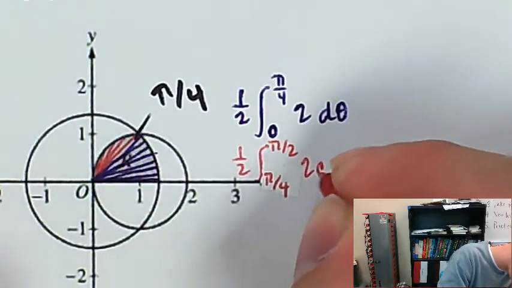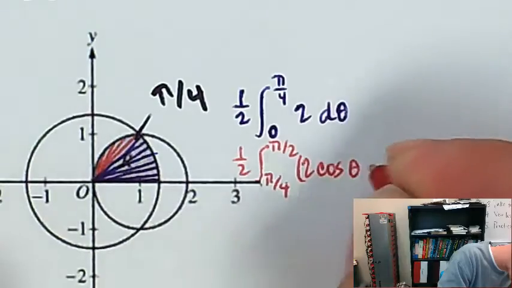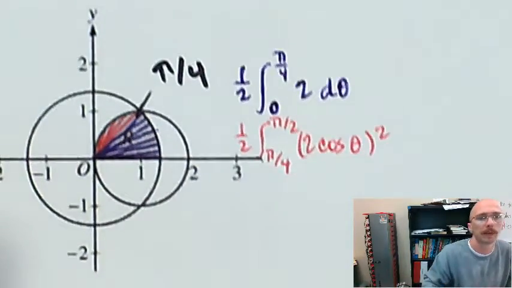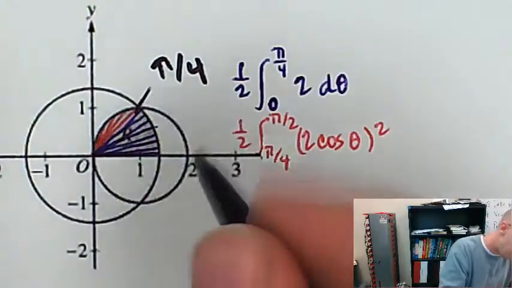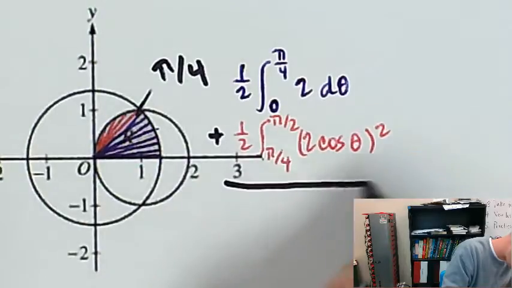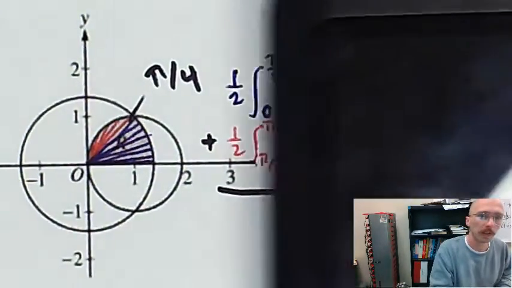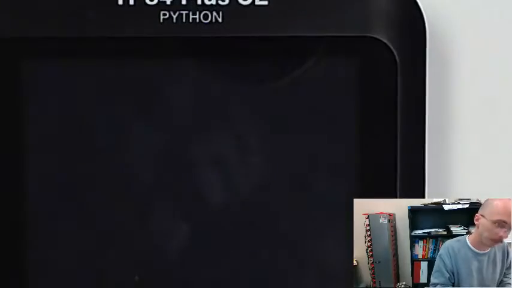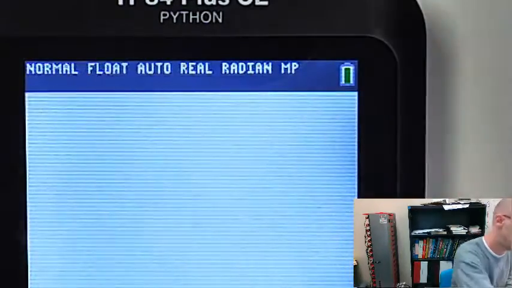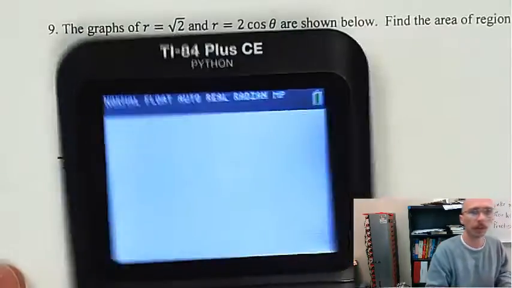All right, so we take 2 cosine theta and we square that. And we're going to add these together. And in total, we're going to get, let's see. Well, I guess I can zoom out.